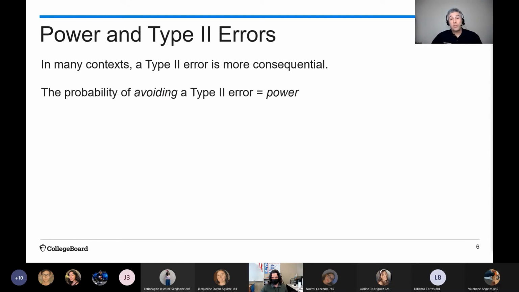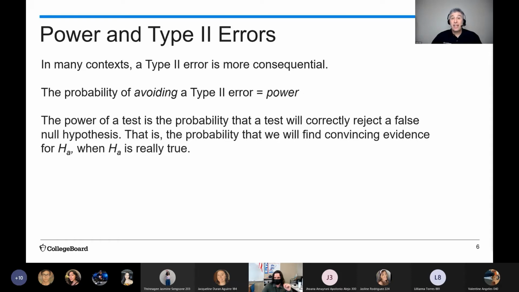Well, they came up with a word to talk about the probability of avoiding a type 2 error, and that word is power. So power is the probability of avoiding a type 2 error. The power of a test, then, is the probability that a test will correctly reject a false null hypothesis. Notice it says correctly there. Power describes a correct decision.